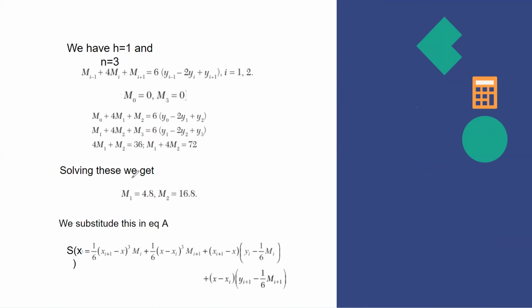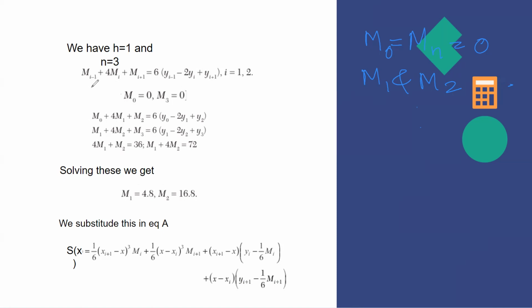So we have m0 and mn equal to 0, and we are going to find m1 and m2. mi minus 1 plus 4mi plus mi plus 1 is equal to 6 times yi minus 1 minus 2yi plus yi plus 1. Here there is no h because its value is 1, so I just ignore it.